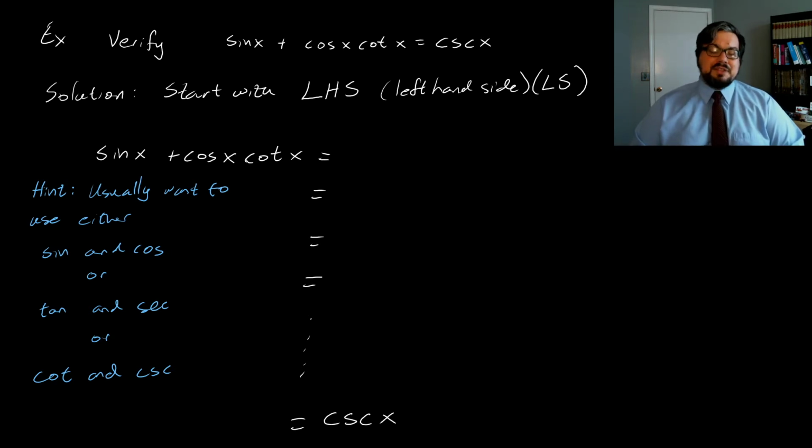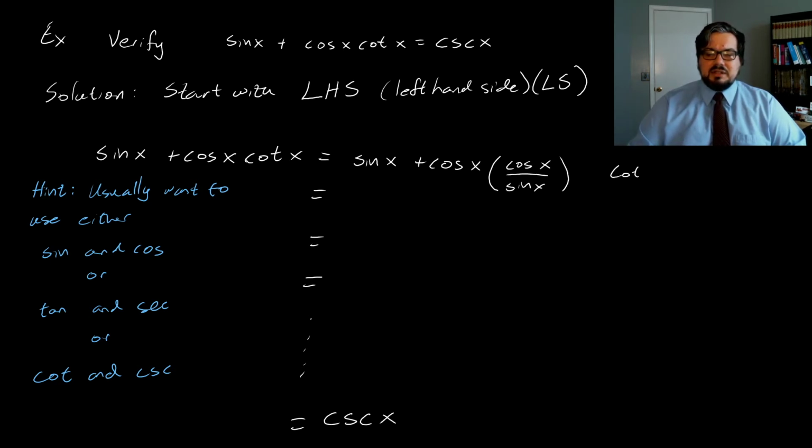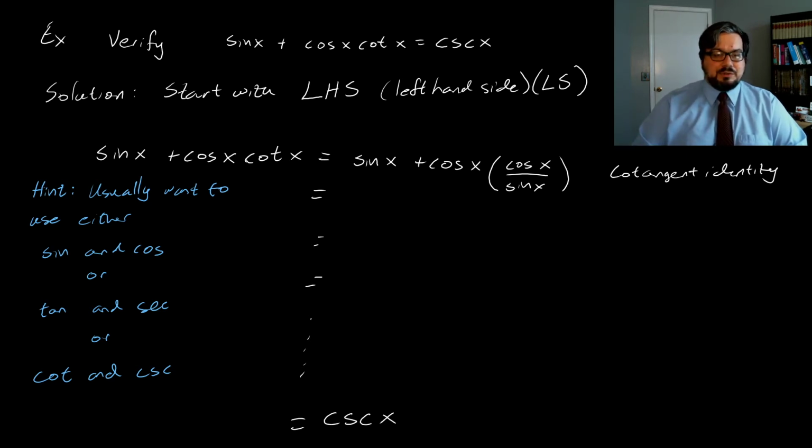Often, expressing everything in terms of sine and cosine is easiest, and that's what we're going to do here. We have a sine and a cosine, but now we've got a cotangent, so I'm going to replace cotangent x with cosine of x over sine of x using the cotangent identity, that cotangent is equal to cosine over sine.